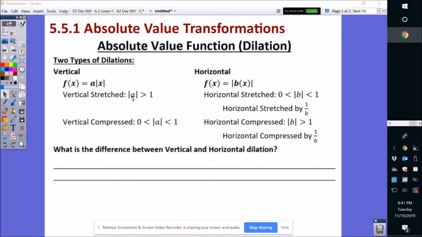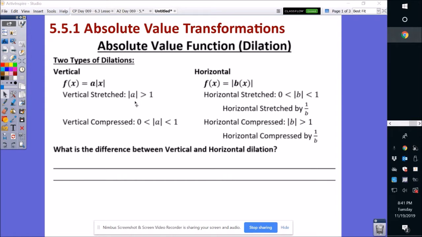Now the reason it's written as the absolute value of a is because you want to only focus on the number value. In the previous section, we worked with reflection, and reflection involves the negative sign.